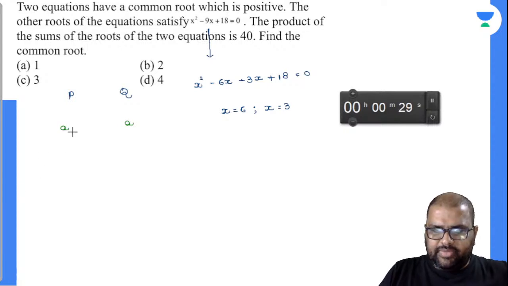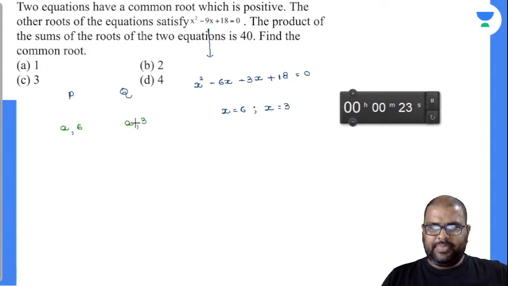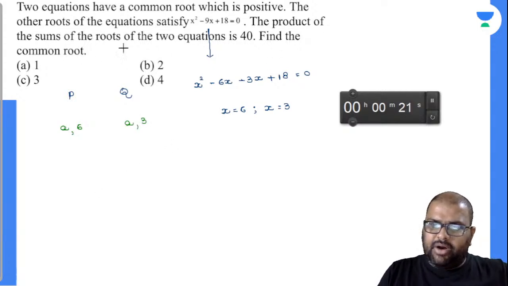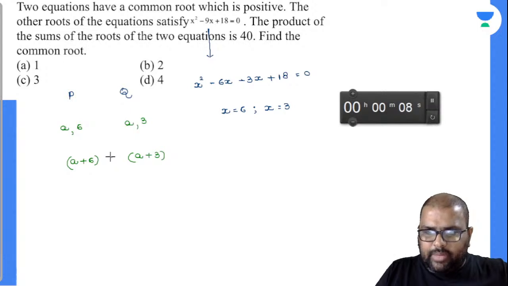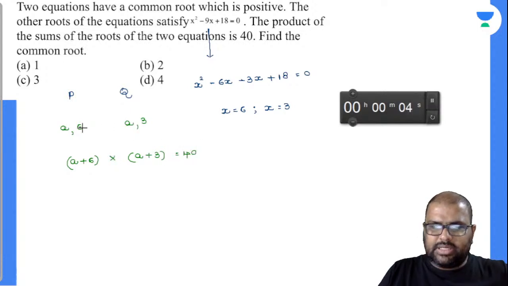The other roots of the equations, one is 6, one is 3, vice versa, you can take anything. The sum of the roots of one equation is a plus 6, and the sum of the roots of the other is a plus 3. When you multiply these two, it is equal to 40. Find the common root value is the question asked.